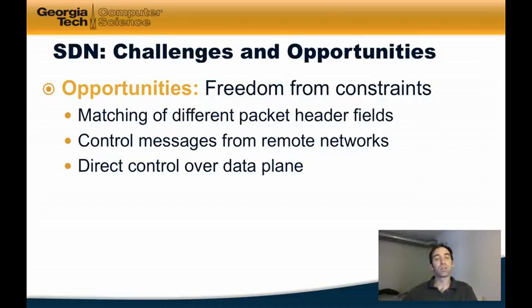SDN allows switches to forward based on a variety of different packet header fields. Switches can be controlled from remote networks as opposed to just the immediate neighbors. And the controller has direct control over the data plane. So SDN controllers can affect traffic in much more direct ways than today's indirect mechanisms.